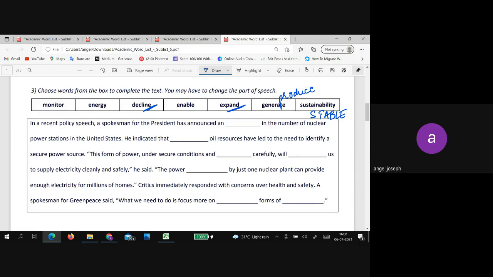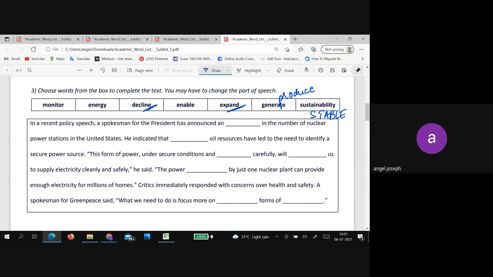Okay, let's start. In a recent policy speech, there are changes in this. So that's why I said it's a little bit, I wouldn't say difficult, but it's really tricky because you have to change many word forms. So let's see.